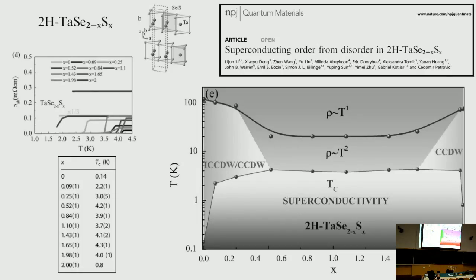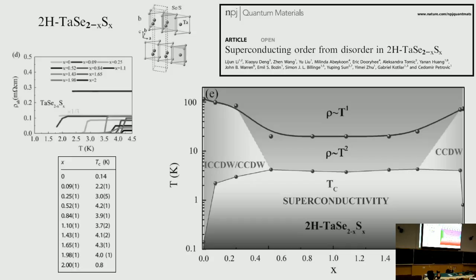Moreover, we have other transition metal chalcogenides where, by including some disorder, by adding a different chemical component, you can enhance the superconductivity critical temperature and destroy the charge density wave.